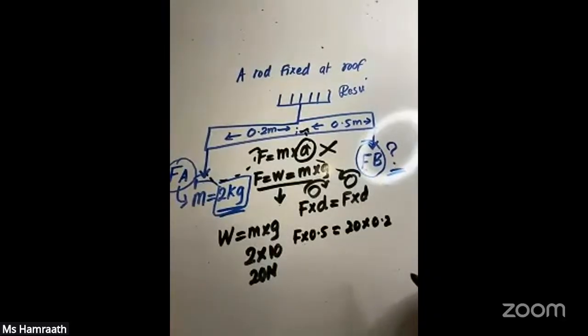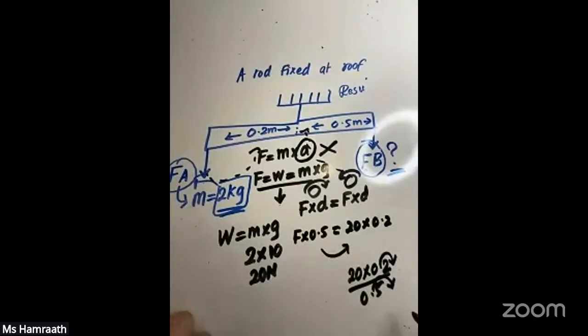Can't we find it? We can simply find it. I can bring the multiplication by 0.5 to the other side as division. So 20 multiplied by 0.2 divided by 0.5. Decimals cannot be divided easily, so we can jump the decimal.